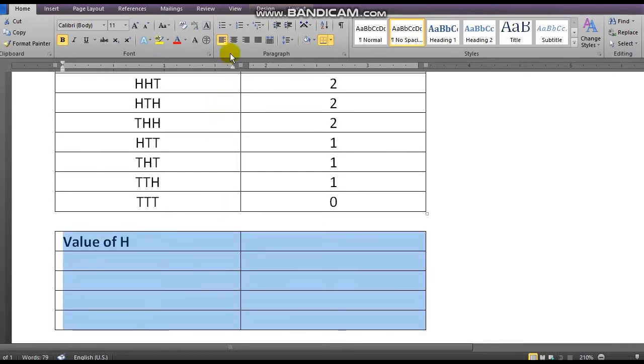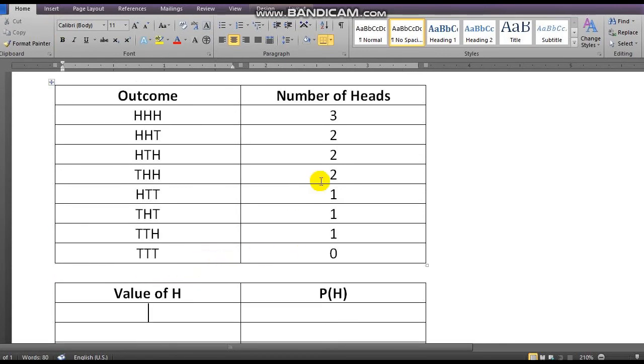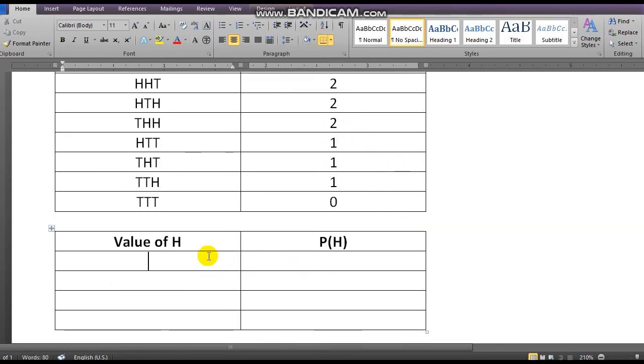And for this one, let's have the probability of h, or we can just write it down as P of h, the probability of the occurrence of h. Take note that we only have 4 values of h, which are 3, 2, 1, and 0.